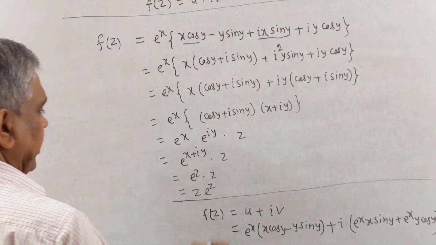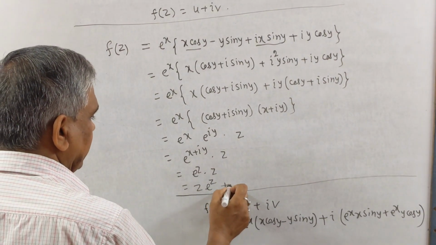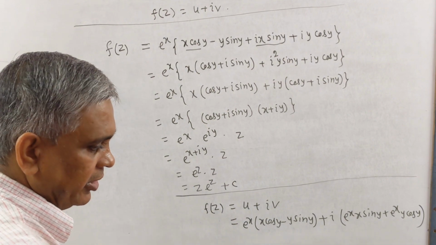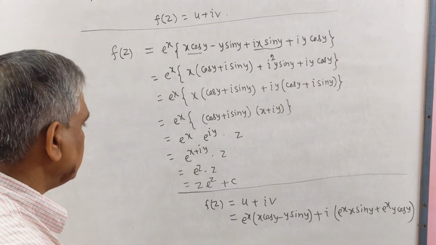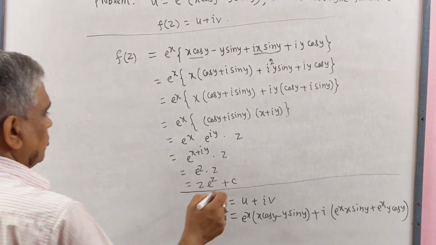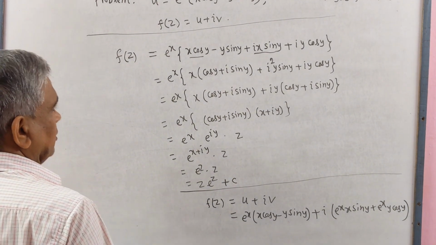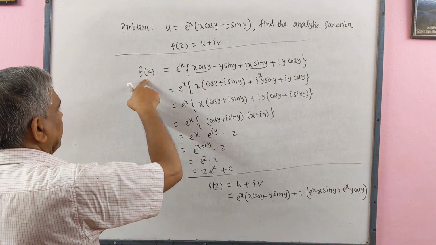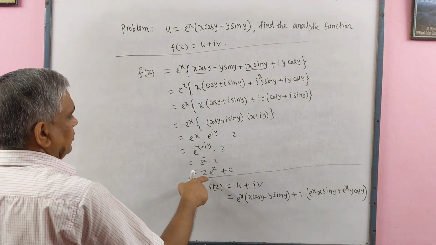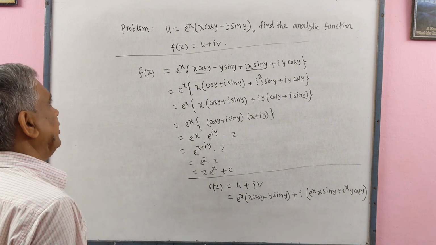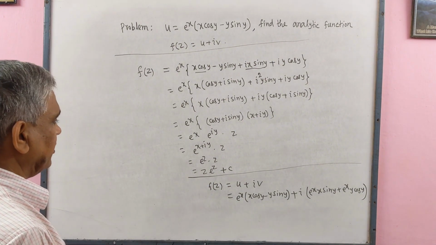We may also add some constant, as during the period of finding v we have integrated there. So we use here c. Therefore the function of z is z e to the power z plus c, and we find the analytic function.